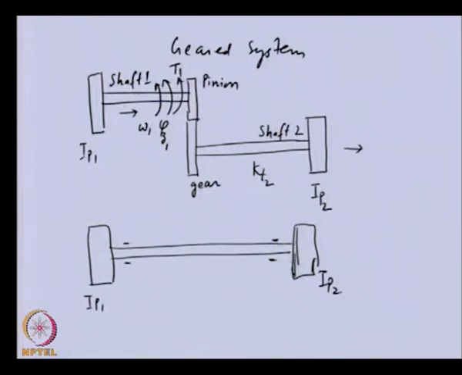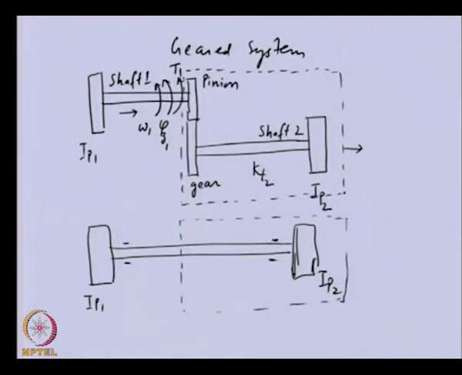Basically you can visualize this as if we enclose this gear system, including the second shaft and the second flywheel, into a black box, and the same thing is here.